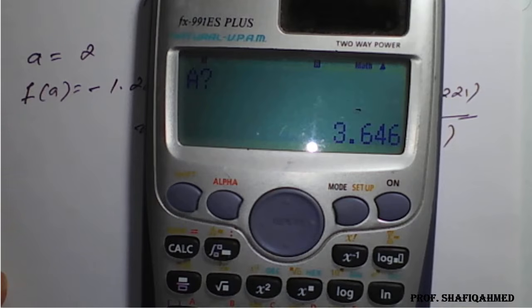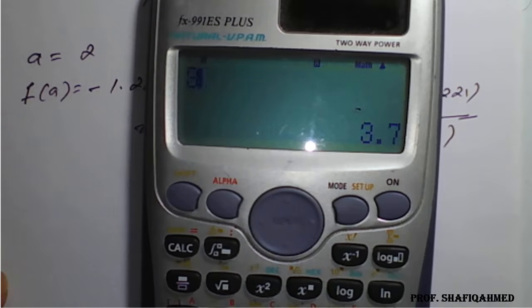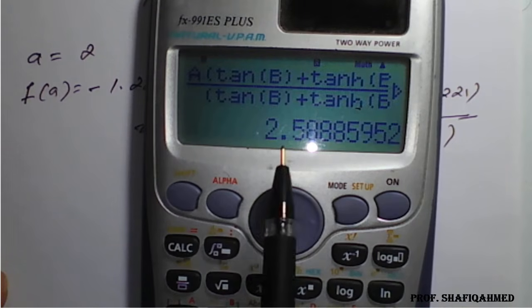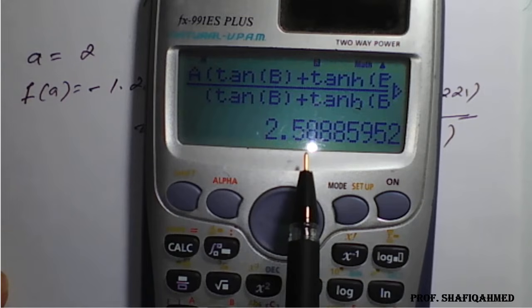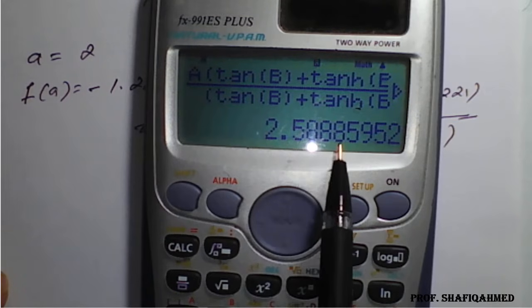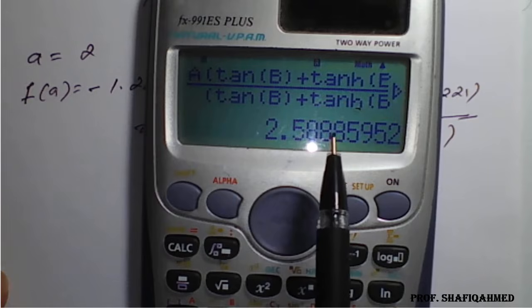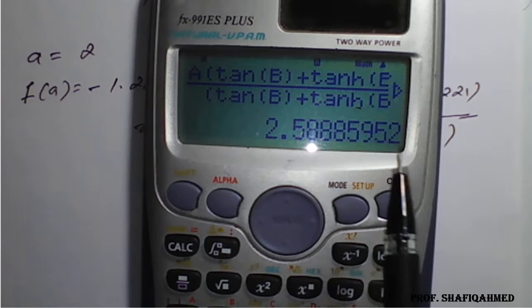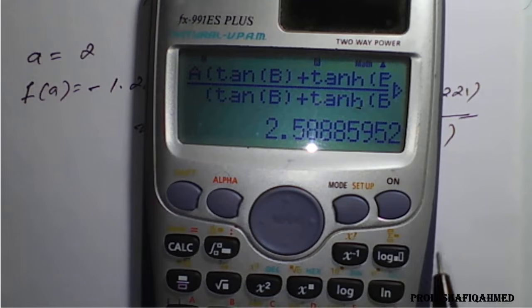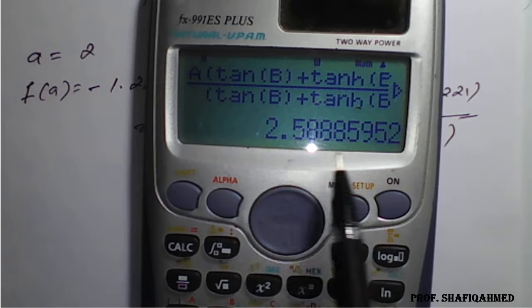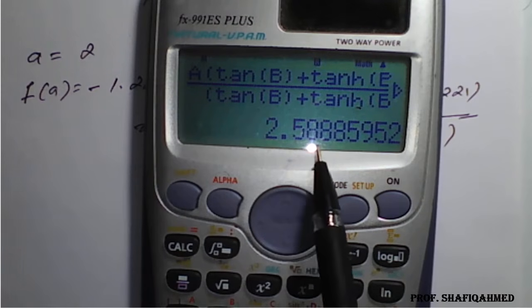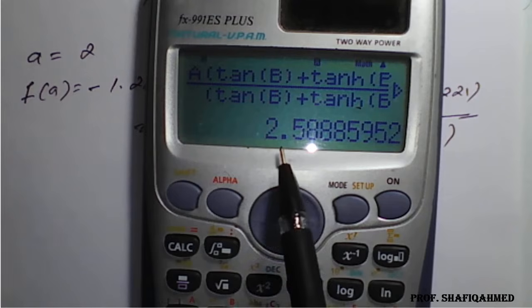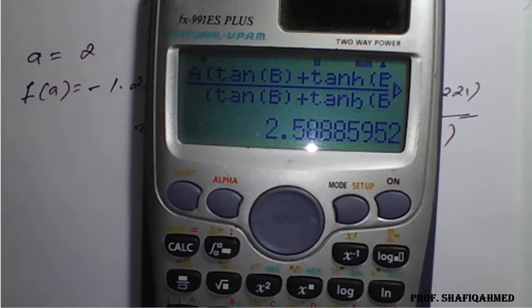The answer is 2.5888. Since the question doesn't specify rounding, we go for 4 decimal places by looking at the fifth one, so I will make it 2.5889.